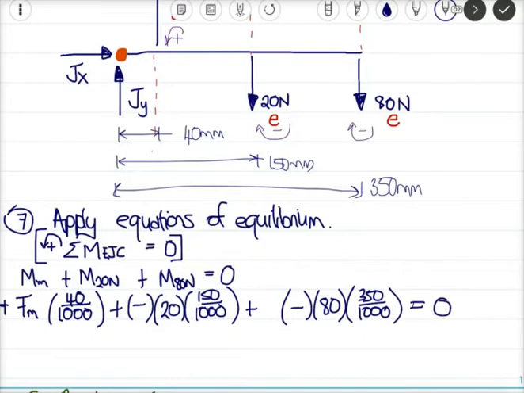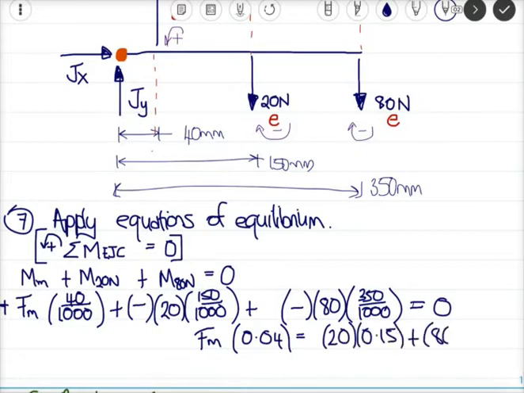Alright, so we can rearrange that and we can solve for Fm. So let me just rearrange this. So we've got Fm times 0.04 must equal 20 times 0.15 plus 80 times 0.35.